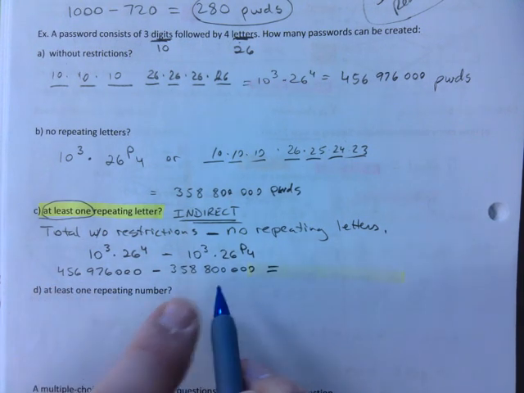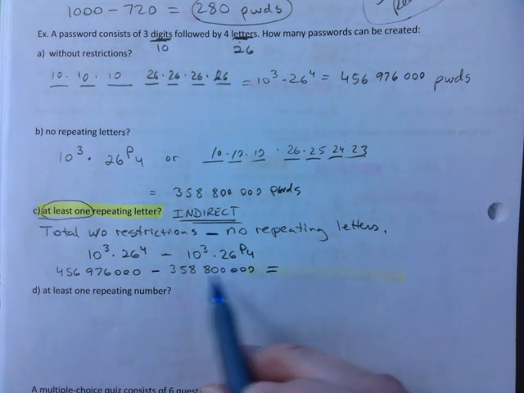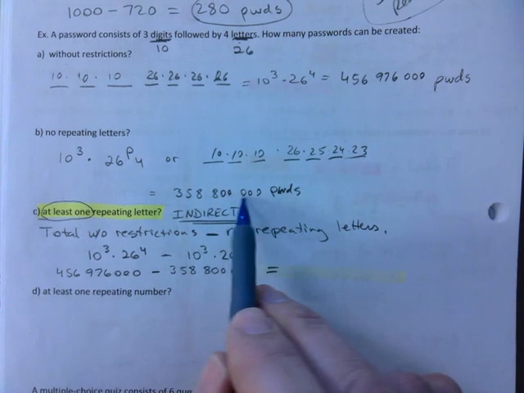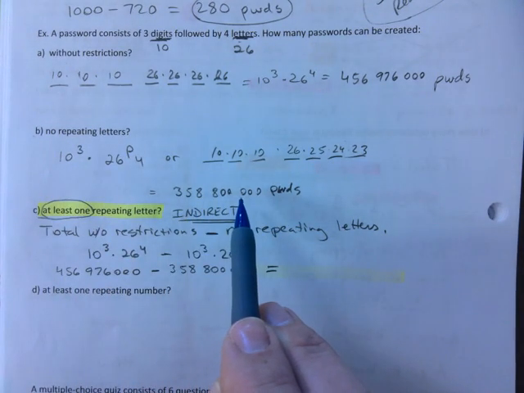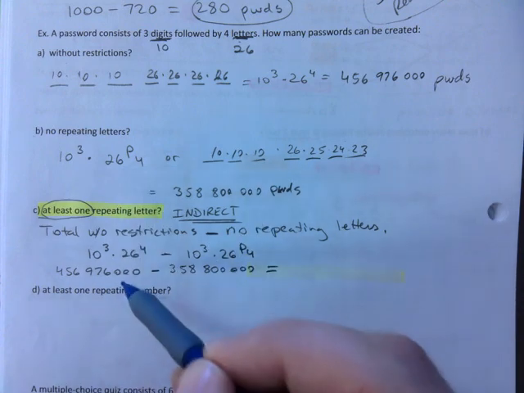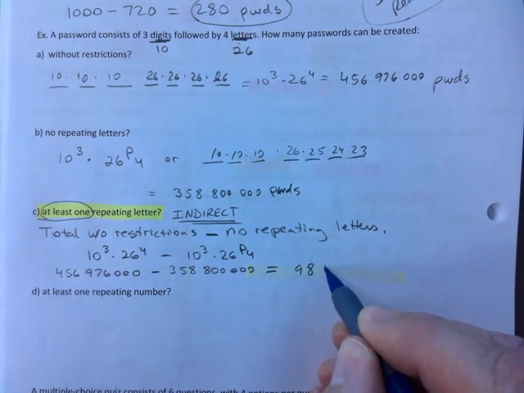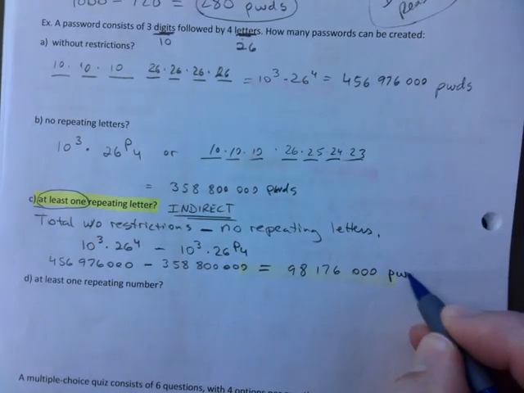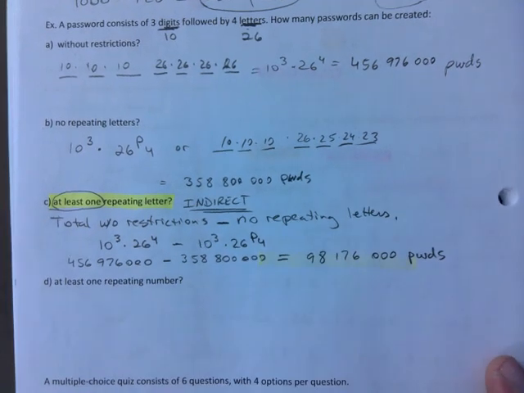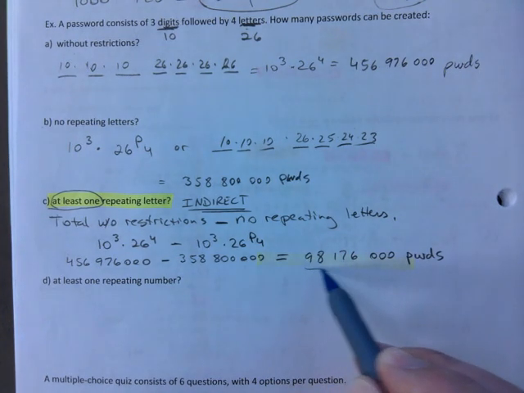So if you subtract the ones with no repetition, all these passwords we created in B do not have any repeating letters. We've made sure of that in the way we count. So I'm taking them away from the total possible, and here it is. And that's what you're supposed to get there.